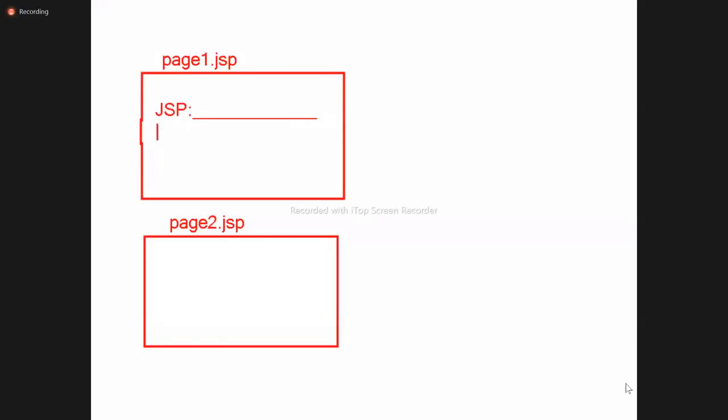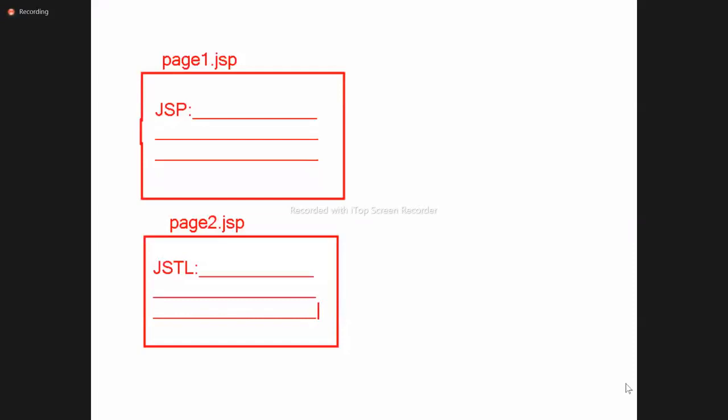It is just like a tutorial type, a JSP tutorial. Suppose here JSTL. Suppose here the heading is JSP tutorial. Here I want to display the JSP tutorial.